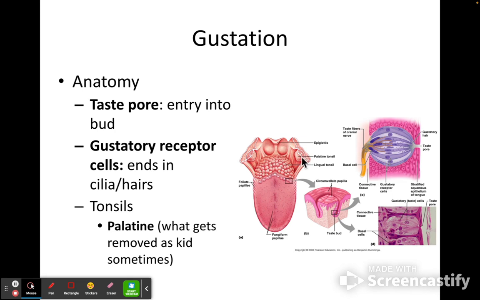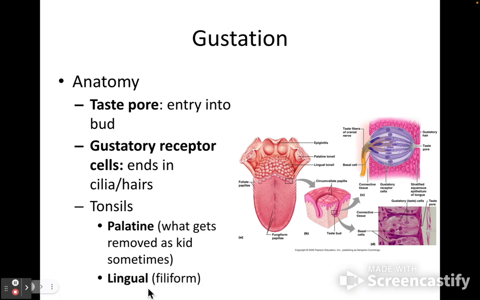When we look in the back, if we see little swollen lumps at the back of our throat, those are palatine tonsils. These are what typically can be removed as a kid. If you've ever had your tonsils and or adenoids removed, you had your palatine tonsils removed. The last set of tonsils are your lingual tonsils, and those are back here on your tongue. Another name for lingual tonsils is filiform tonsils. So we could recognize both of those.